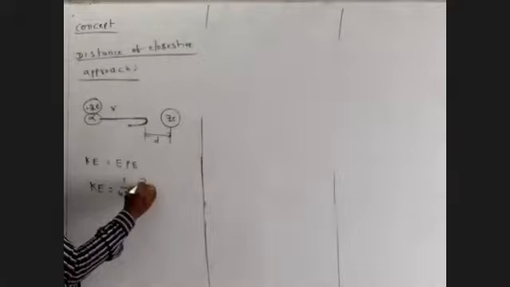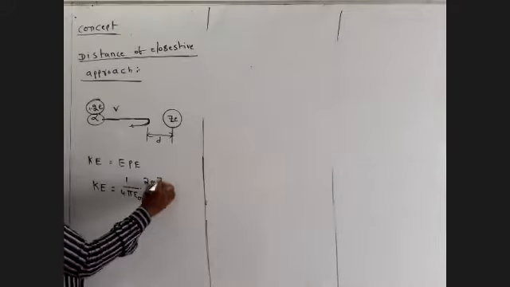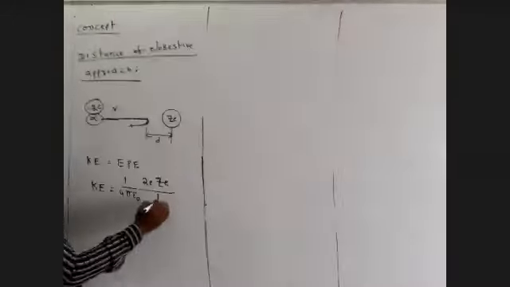The distance between these two points is d, and that is what we call the distance of closest approach. The kinetic energy is equal to the electrostatic potential energy, which is 1/4 pi epsilon naught, with charge 2e and charge Ze, by the distance d.